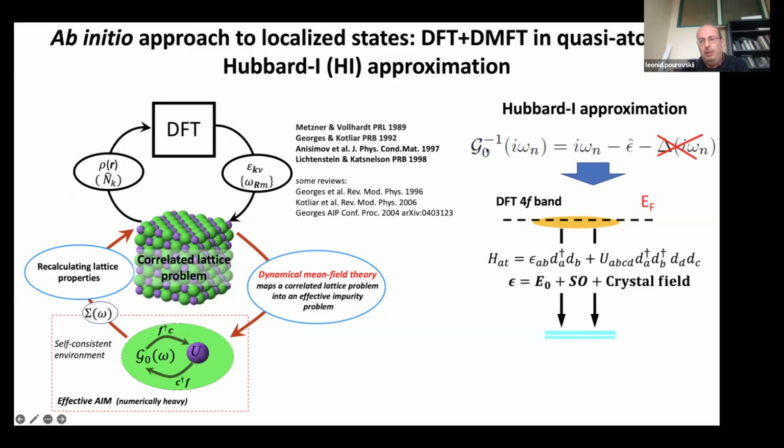Basically, in the Green function, we cancel the actual hybridization function, and then the whole impurity problem boils down to diagonalizing this quasi-atomic Hamiltonian, where the one-electron part consists of some uniform shift, spin orbit, and crystal field. So we already have crystal field embedded into our model in this DFT plus Hubbard 1.